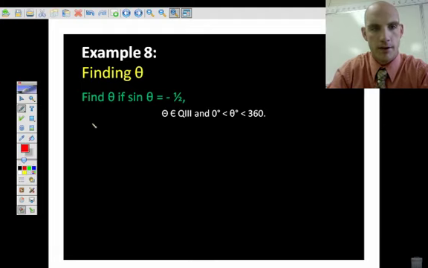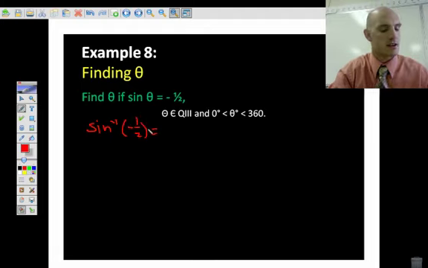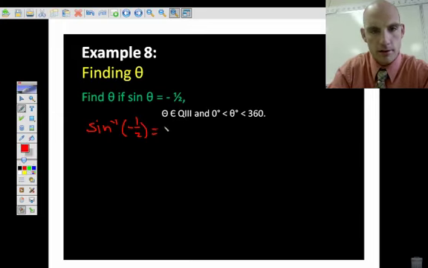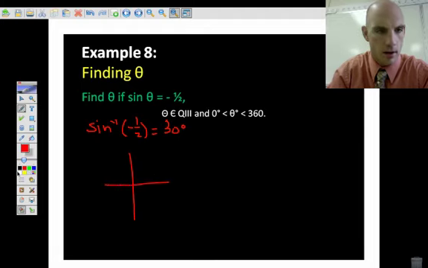So I'm going to go this way. Sine inverse of negative 1/2. And when I do my sine inverse, I'm going to get 30 degrees. Okay? And once again, I've been switching some colors.